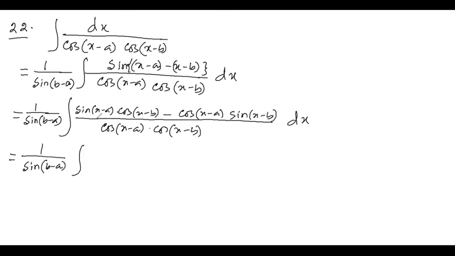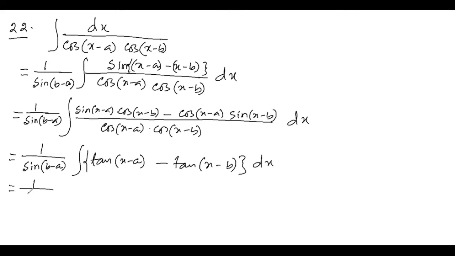Now you divide it. Here cos of x minus b cancels. The remaining term is sine of x minus a by cos of x minus a, that means tan of x minus a, minus the remaining term sine of x minus b by cos of x minus b, that means tan of x minus b. This is the remaining term, dx.